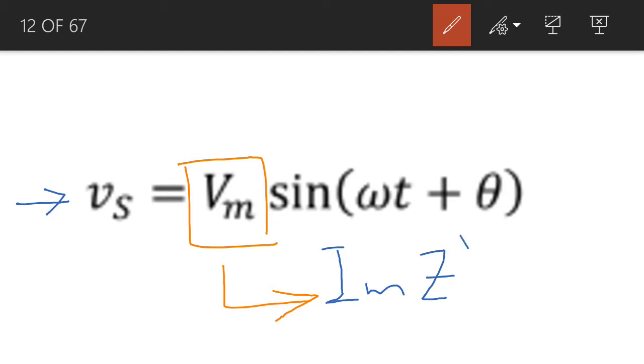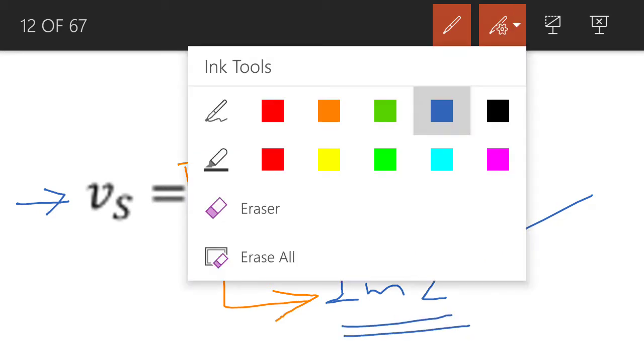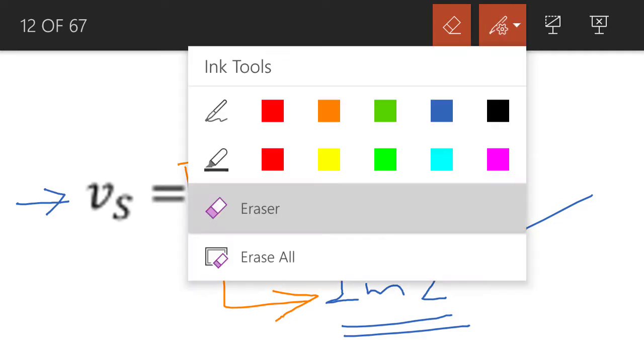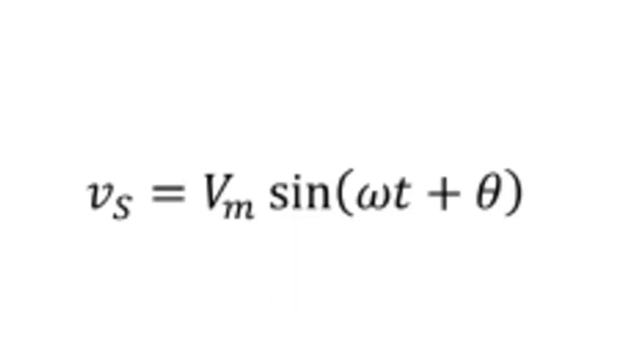So this is the impedance of our series circuit, or the total resistance of our series circuit. So we replace this Vm by ImZ. So let us replace Vm in this equation by ImZ.